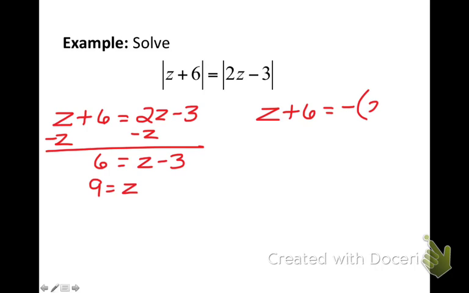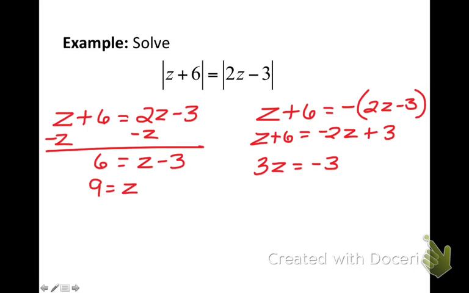So it's the negative of 2z minus 3, which gets me z plus 6 equals negative 2z plus 3. Solving that, add 2z, so we get 3z is equal to negative 3 when you move the 6 over. Just did 2 steps in 1 step. Z is equal to negative 1.